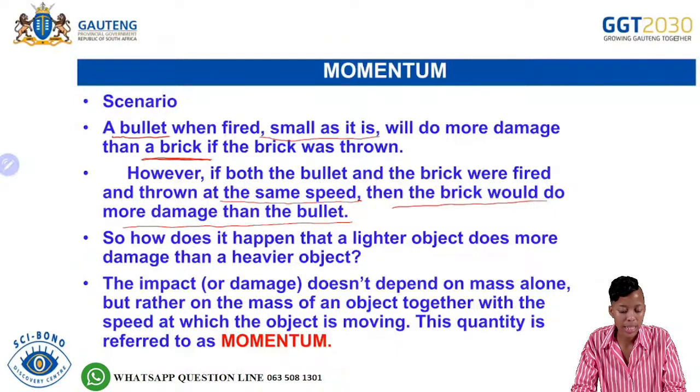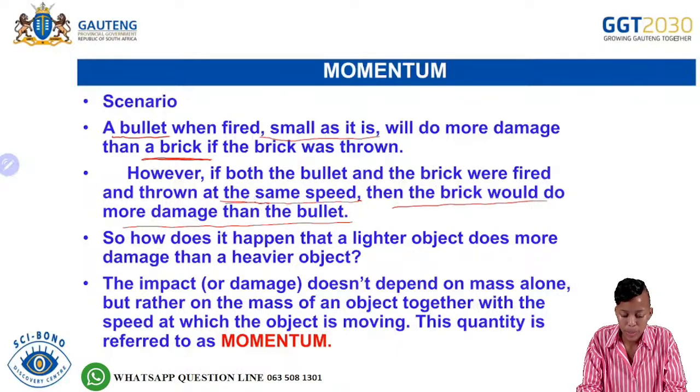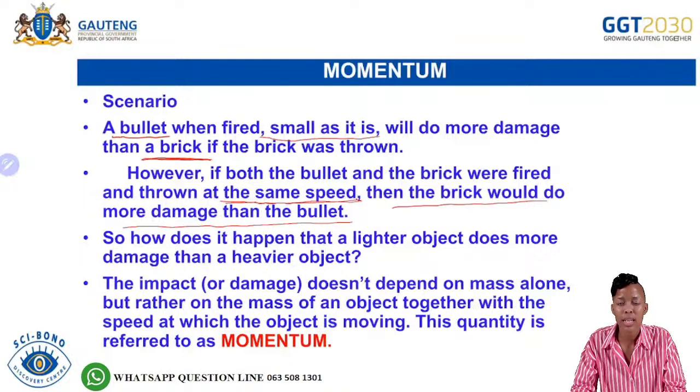So again, we are saying the bullet is smaller compared to what? Compared to the brick. So if you are to throw both the bullet and the brick at the same speed, what are we expecting? We are expecting that the brick would then do more damage as compared to the bullet.